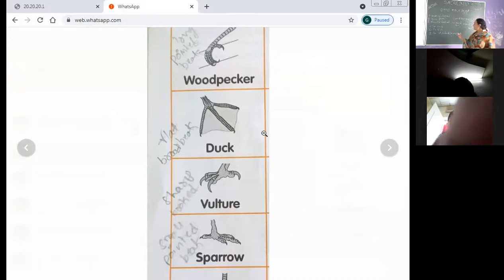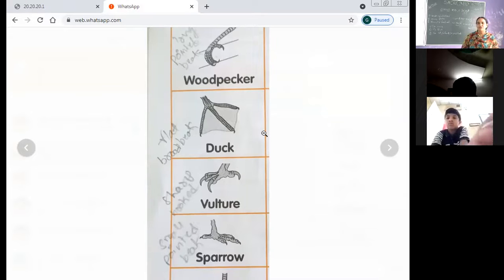Next, the duck has four toes: one small toe at the back, and three toes connected with one another. That is called a web. Whether it is three, four or five toes, if they are connected to one another, that is called a web.